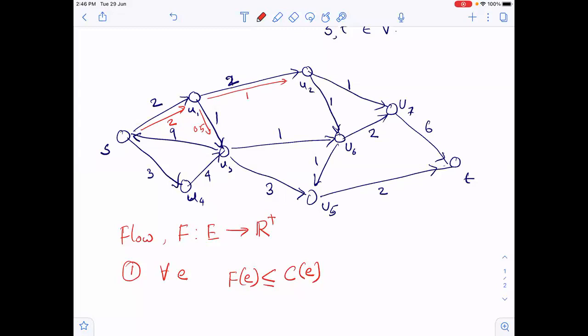Of course I can, but that would cause an accumulation: I have 2 units coming in and only 1.5 going out, so I will have an accumulation of 0.5 units here. This is not allowed. These nodes are not storage places; they are things that you want to flush out. They cannot store. So what you can do is send 0.5 from here and 1.5 from here, and that is fine.